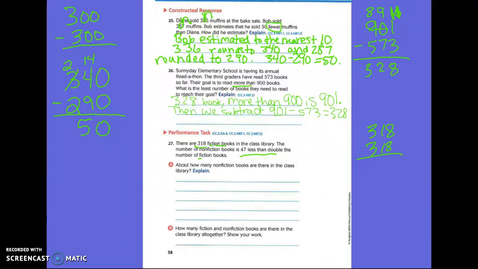Okay, so 8 plus 8 is? 16. Add the 1. 1 plus 1 plus 1. And 3 plus 3. 6.